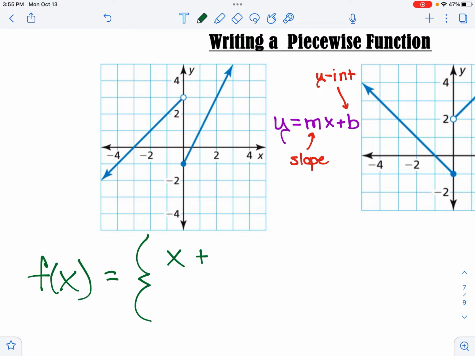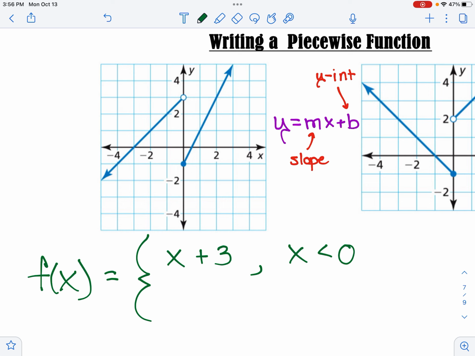So x plus 3. Now it looks like I only do that function from 0 to the left. So this would be when x is less than 0. I know it's less than because right here is an open circle.